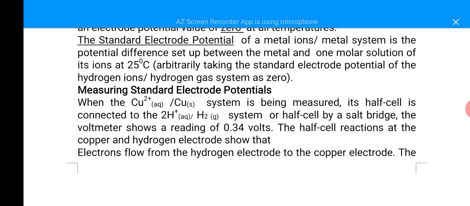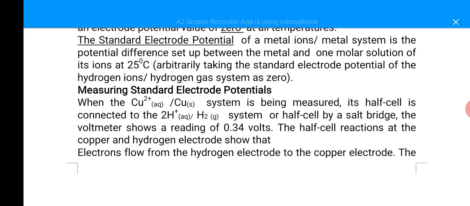You are going to have a voltmeter connected when we are trying to measure the standard electric potential. So whatever the voltmeter reads at that point in time will be the standard electric potential of such metal that is connected to the what? To the hydrogen ion / hydrogen gas system.